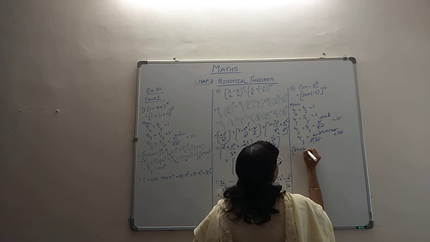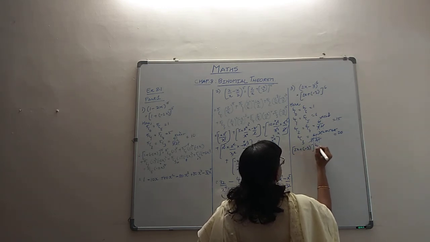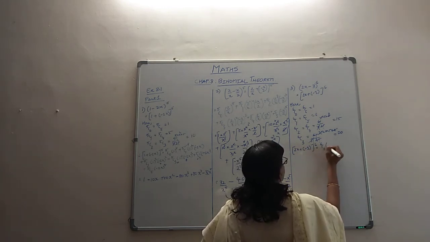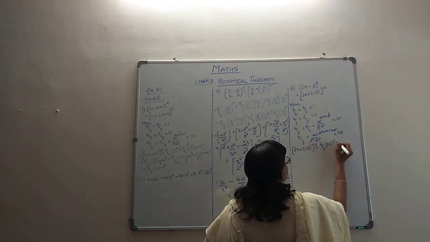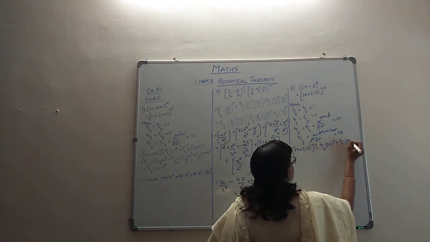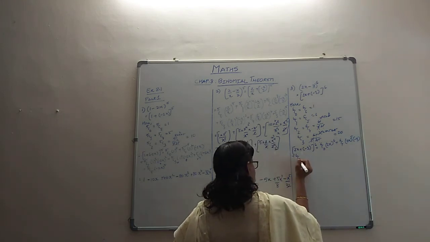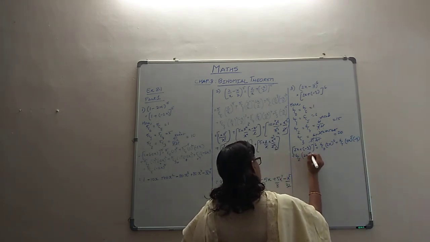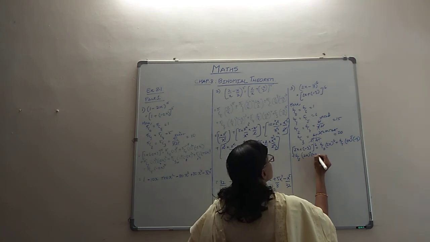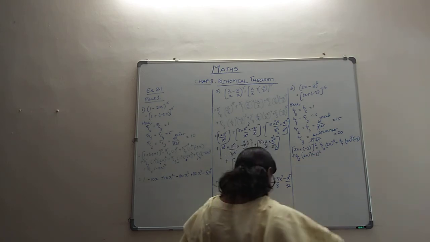2x plus minus 3 whole raised to 6 is, first term, 6c0, 2x raised to 6, plus 6c1, 2x raised to 5, minus 3. Then 6c2, 2x raised to 4, minus 3 raised to 2.